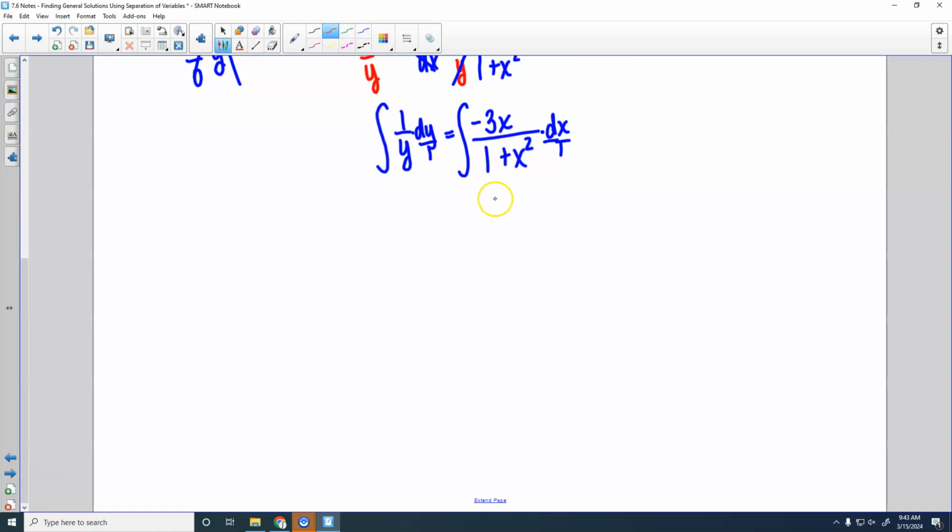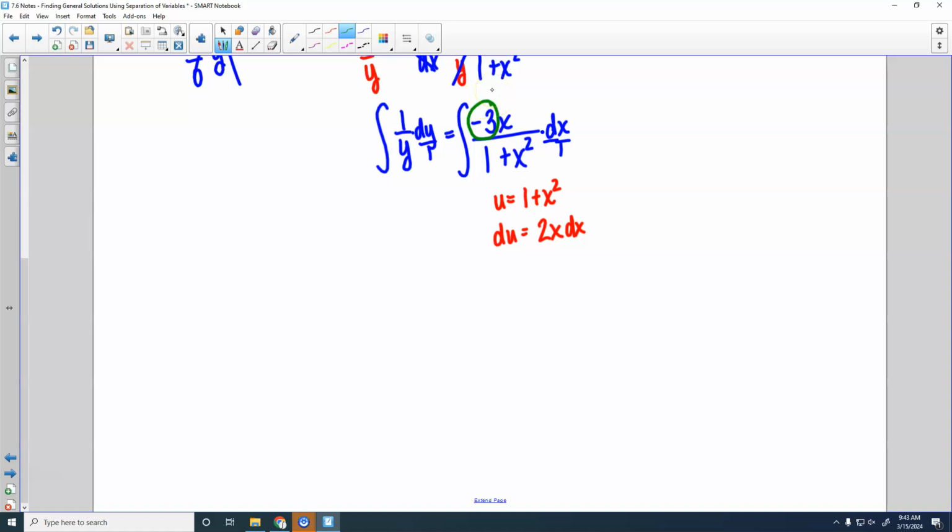All right. What's my u over here? 1 plus x squared. What's my du? 2x dx. I do not have a 2x. I've got a negative 3x. What could I do with this negative 3 right here?